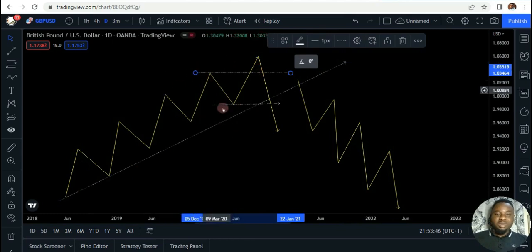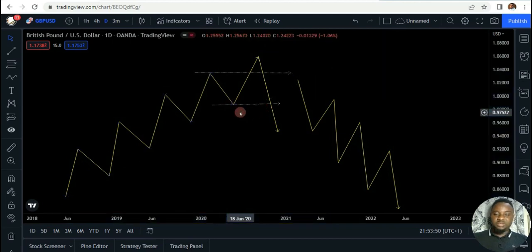What I look out for is the swing highs and the swing lows. Now, let me remove this. Let's say that the swing low here, price comes to close below this swing low on a particular time frame. Let's say we're dealing with the daily time frame, and there is a daily candle close below this swing.